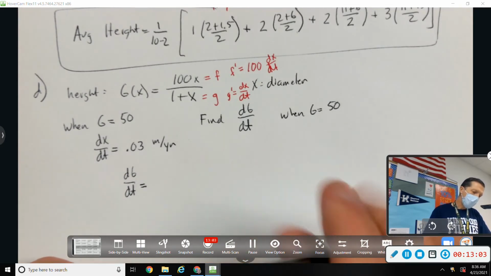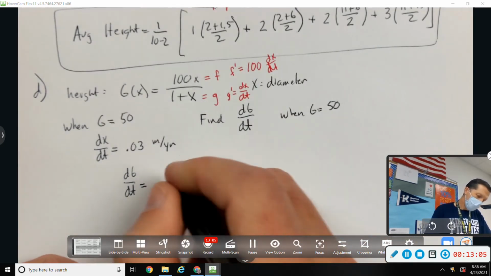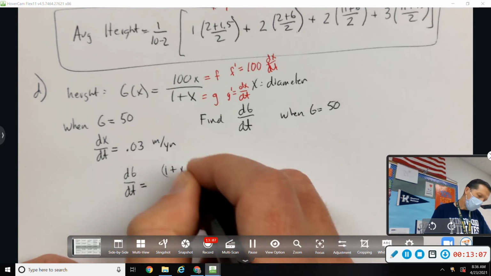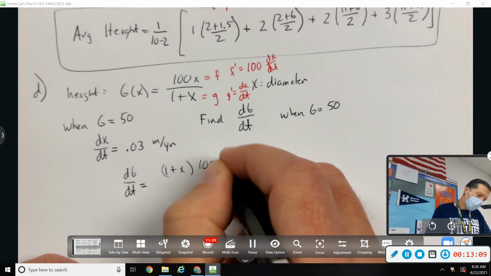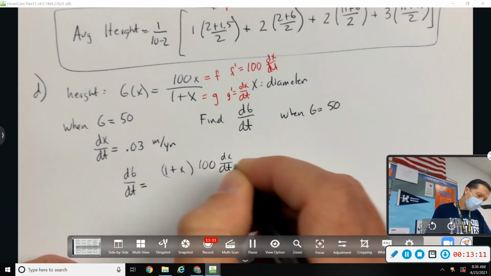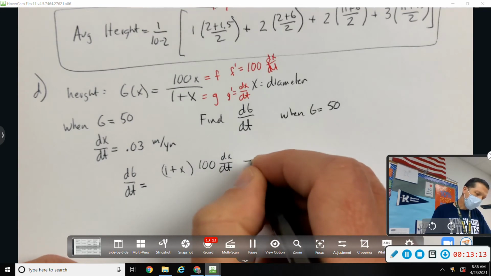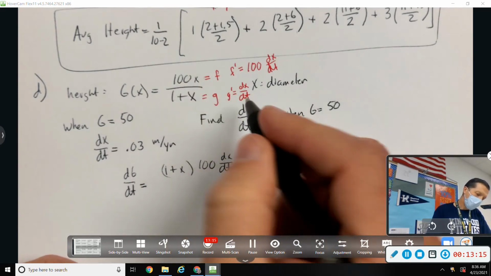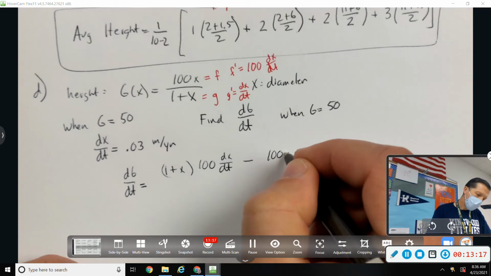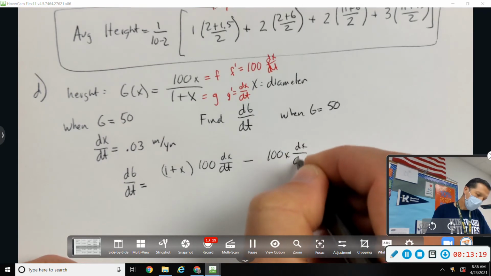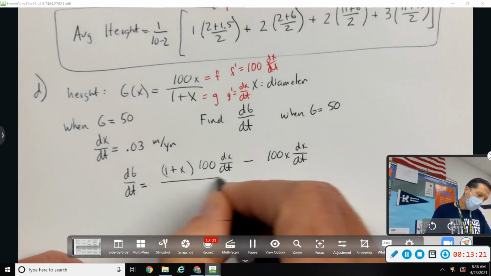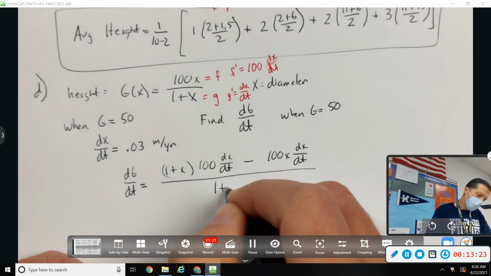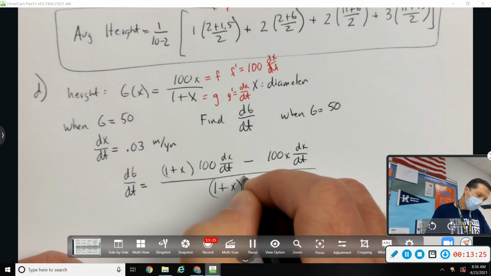So let's see, g f prime minus f g prime, all over g squared.